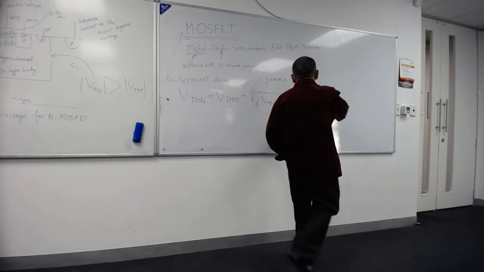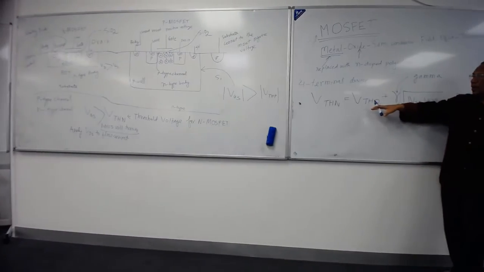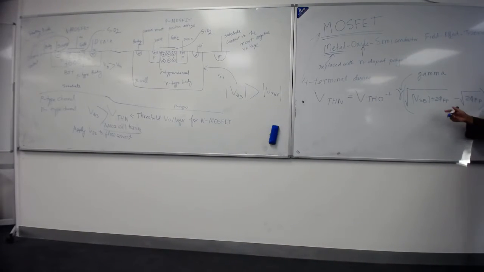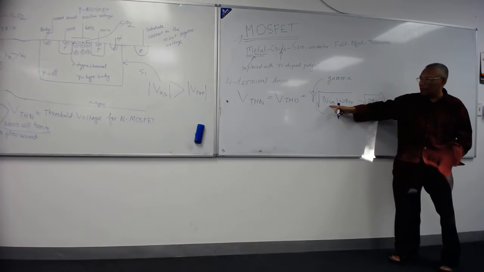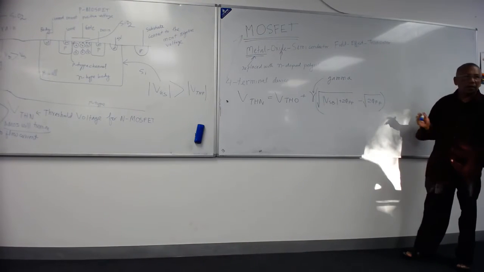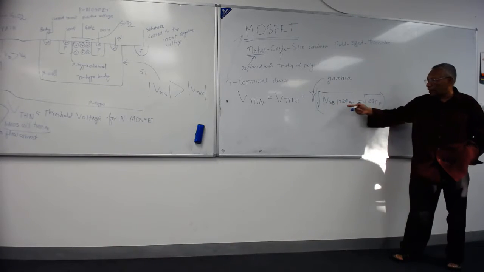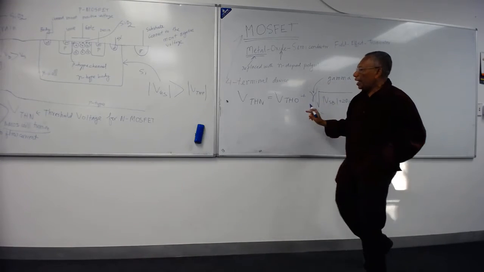You have the contribution of VTH0, the basic threshold voltage. If VSB is 0, how much is this part? It's 0. In that case, your VTHN is just VTHN0.